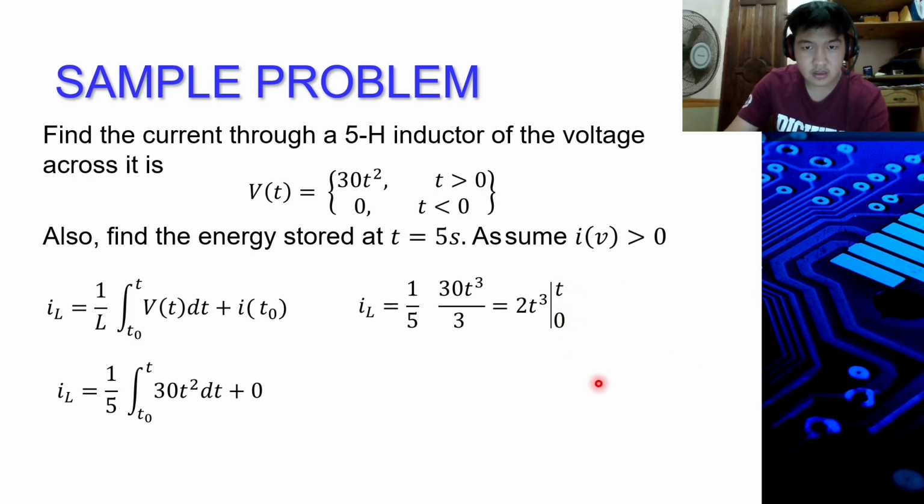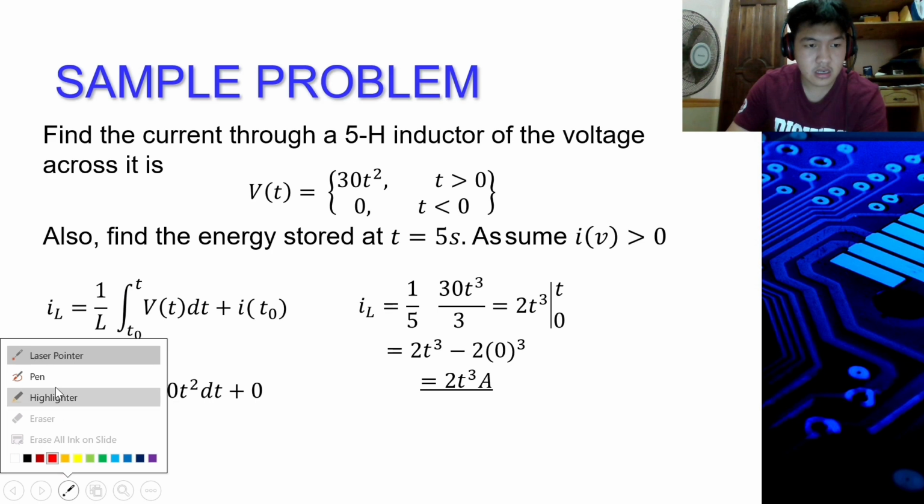Okay, that is equal to 2t cubed minus 2 of 0 cubed, or simply just 2t cubed amps. So you now have a current.